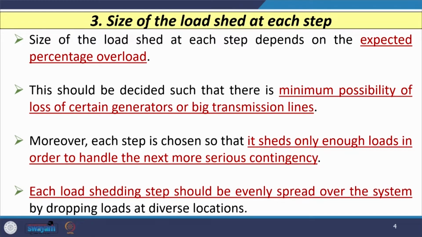Each load shedding step should be evenly spread, so that there is no uneven load shedding. This is also an important factor which we need to consider, and whenever we design the load shedding scheme, each load shedding step should be distributed or spread evenly throughout the entire distribution or transmission network.